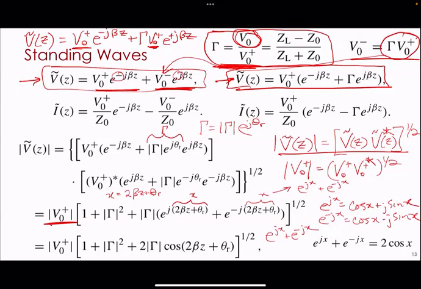So we have 1 plus gamma squared, magnitude gamma squared, plus 2, because when we add these two together, we've got 2 cos x's, where x is 2 beta z plus theta r. And we still have our magnitude of gamma in there. And it's still all to the power of 1/2 because it's all a square root because of our basic formula here.